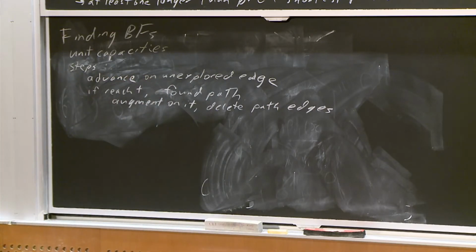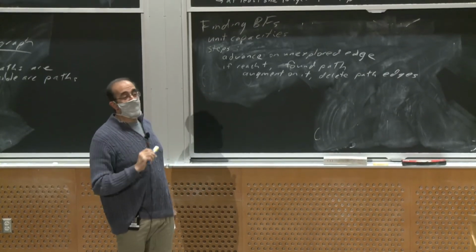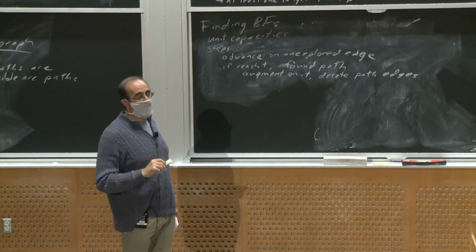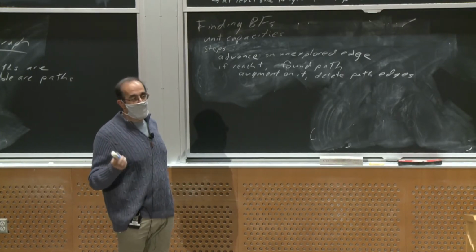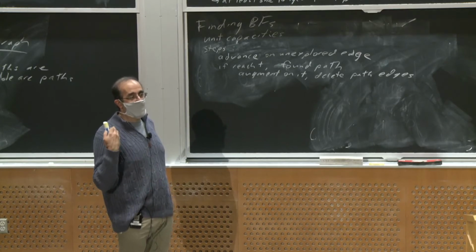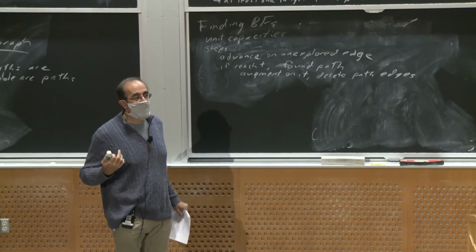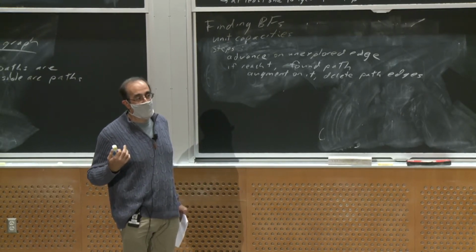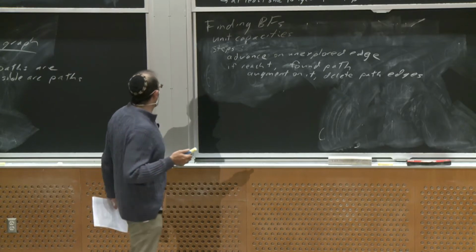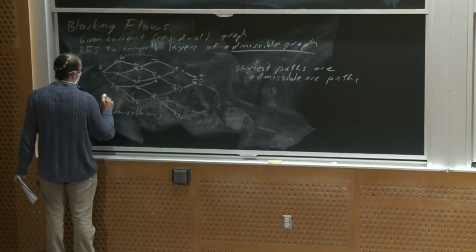Yes, question? We start at T in the beginning, go backwards. It's symmetric. You can do all of this starting from T and going backwards. It's the same as reversing the edges. A blocking flow from S to T, if you reverse all the edges, you're looking for a blocking flow from T to S. Unfortunately, there is, because there could be edges out here.